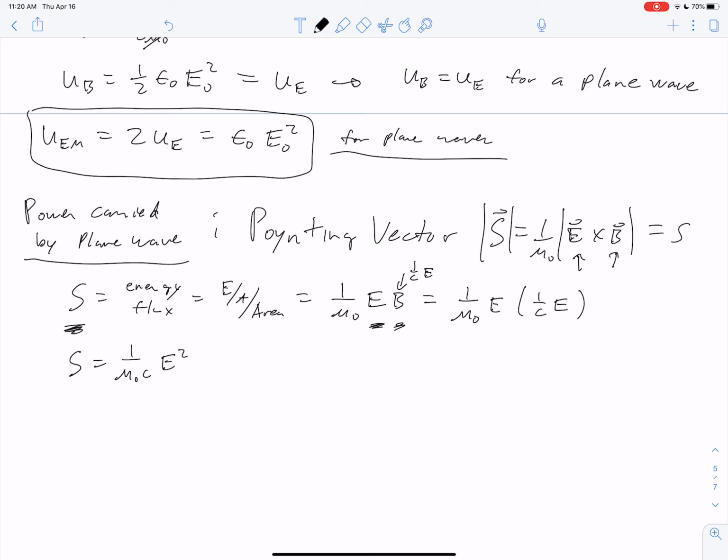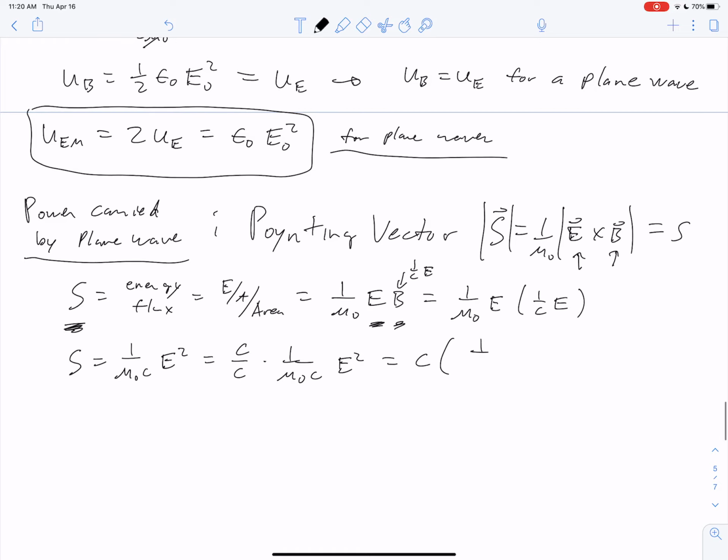And then we can play a little math game, which is quite useful. Let's just multiply by c over c times 1 over mu naught c E squared. And so then what we get is that this is equal to c times 1 over mu naught c squared times E squared. There are lots of little games like this that we can play. They're simple games, but I know it's sometimes hard to follow all the little steps.